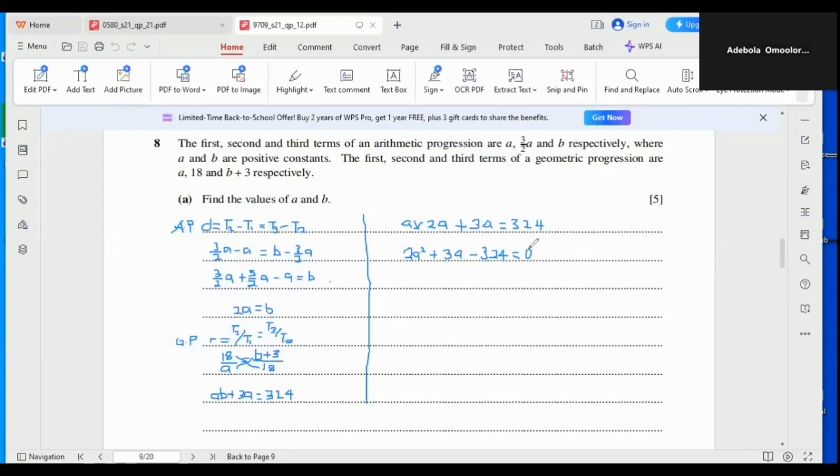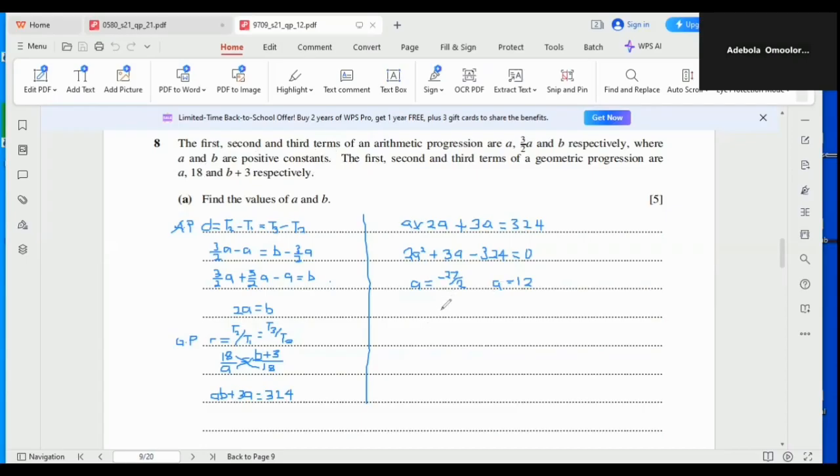When you solve for A in your calculator, you get two answers: A is minus 27 over 2, and A is 12. But if you recall, the question says A and B are positive constants.